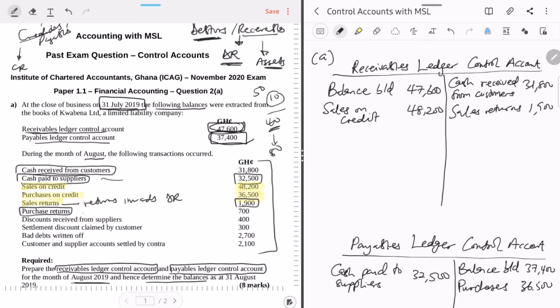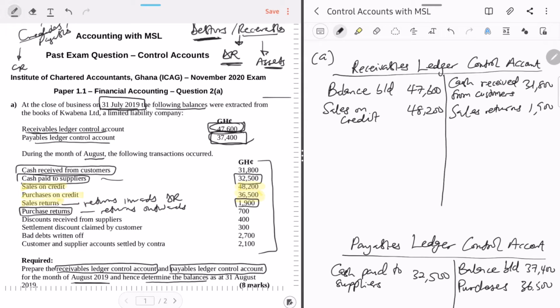Purchase returns are also known as returns outwards. So this is where you go and buy something. You either find the good is defective or you just don't like it anymore and you return it to the person. Returns outwards or purchase returns have the tendency of decreasing your inventory. So once again, example, let me clean this.